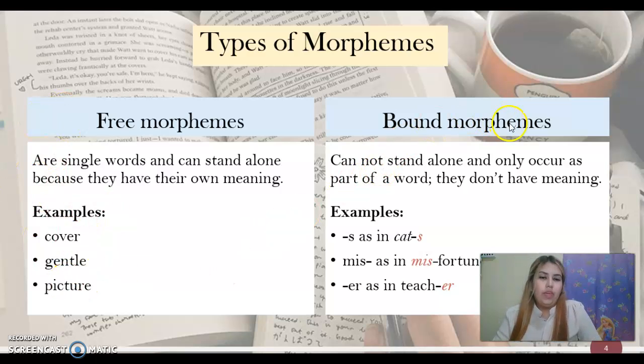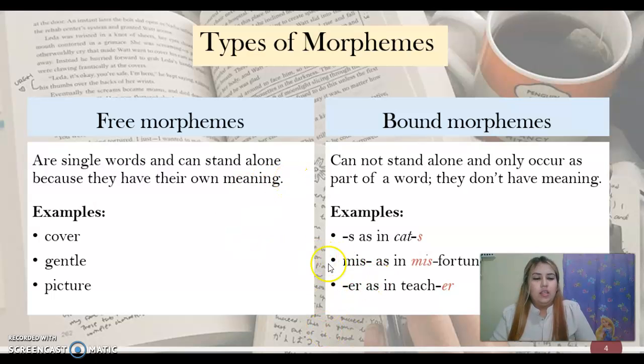And bound morphemes cannot stand alone and only occur as part of a word, but they don't have a meaning on their own. For example, the letter S as in cats. If we see a letter S, we see that it doesn't have a meaning and we won't understand it, okay?